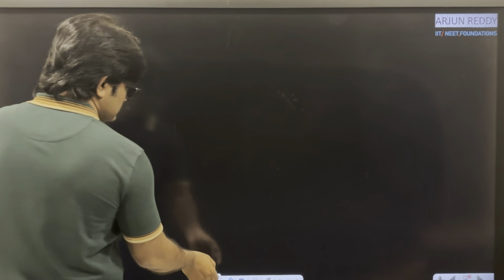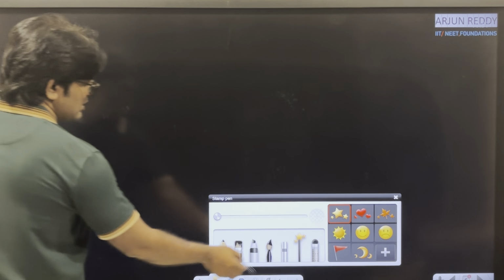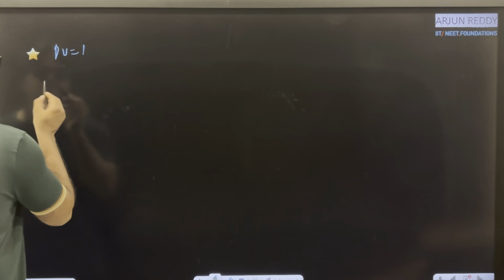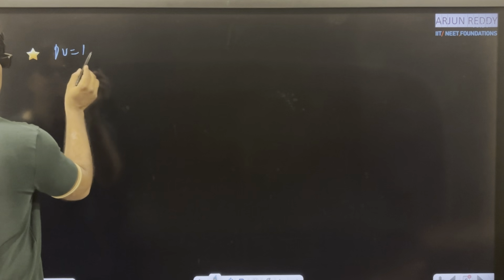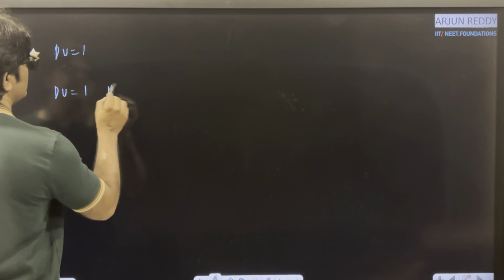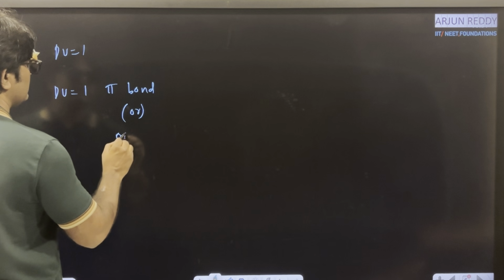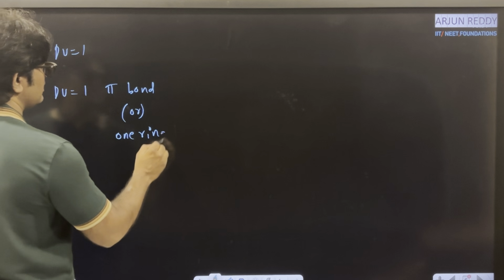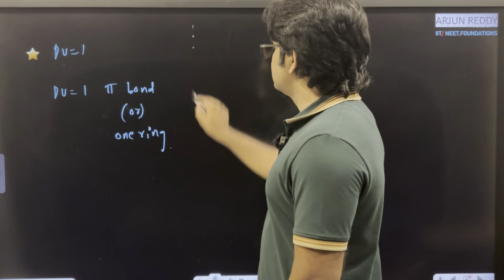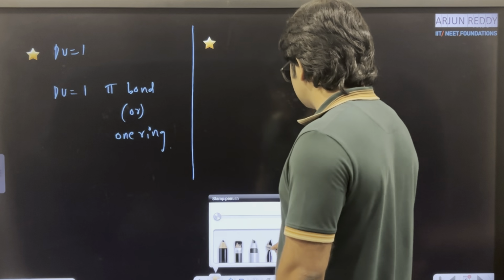Then what are the possibilities? If degree of unsaturation equals 1, then what are the possibilities? Now these are the possibilities. First point, DU equals 1 means a pi bond or 1 ring, either 1 pi bond or 1 ring. For example, second point, if degree of unsaturation equals 2, then what is the situation?